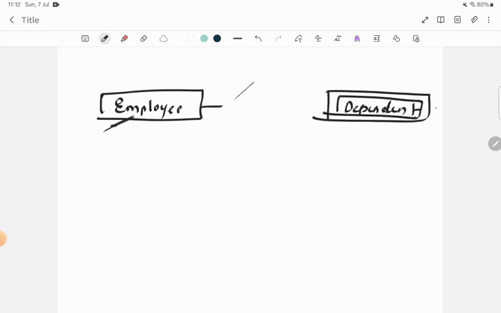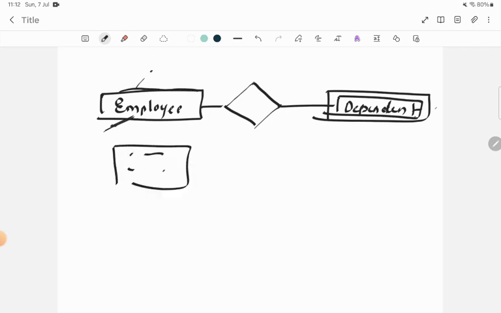We have to fill the form of the nominee, that is the dependent. So if this employee doesn't exist, will this dependent exist? No. So the dependent is dependent on the employee. That's why the employee is a strong entity and the dependent is a weak entity.